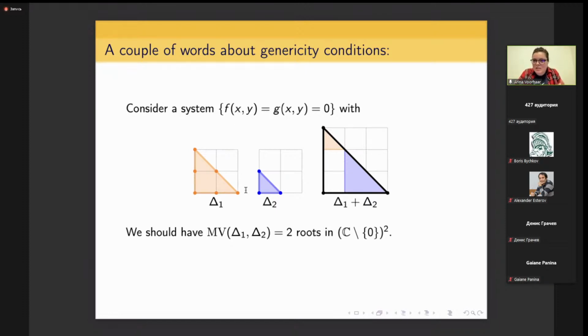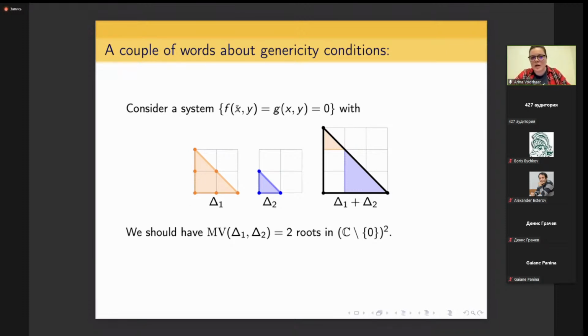So this system typically is not supposed to have roots, because a typical system of 2 equations in one variable is not supposed to have common roots. But if the coefficients are such that the corresponding system belongs to the resultant, then that's the problem. And what are the coefficients of these polynomials in x?